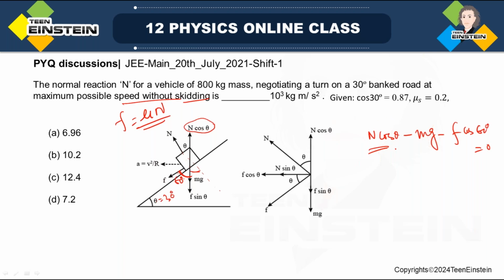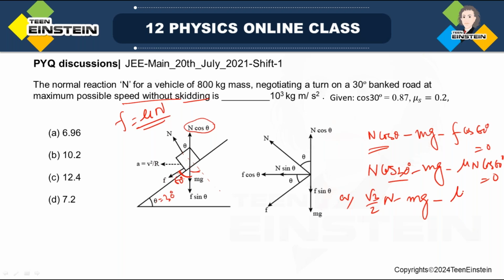So n cos theta is n cos of 30 degree minus mg minus mu into n cos of 60 degree is equal to 0. So cos 30 is root 3 by 2, n, minus mg, and cos 60 degree means half, minus mu into n by 2, this is equal to 0.